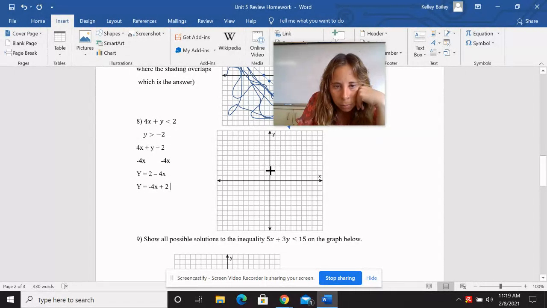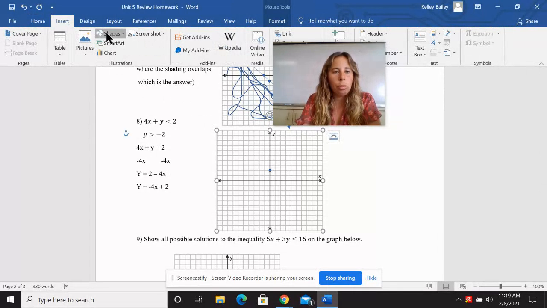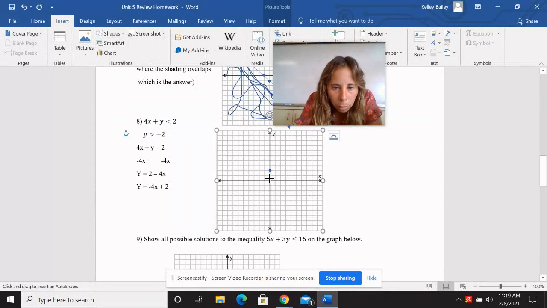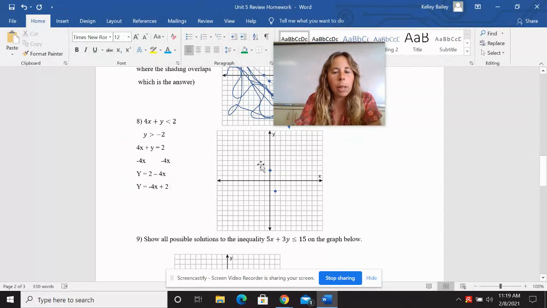1, 2. Okay. And then my slope is negative 4. So that means down 4, right 1. Down 4. 1, 2, 3, 4. Right 1. Okay, remember you can go on doing that forever.